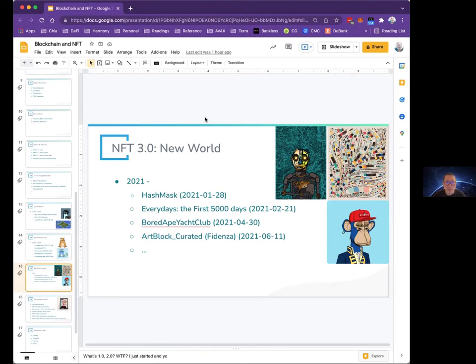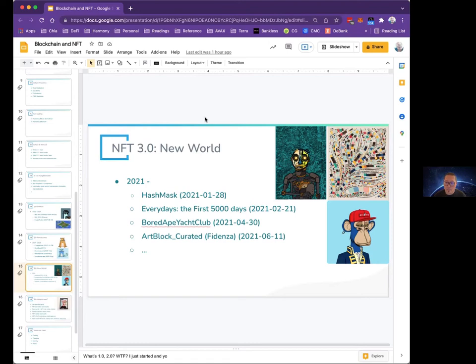Those projects represent the trend of NFT, and they all started last year. In the crypto industry, we believe this year we're going to see a lot more new NFT projects started as well.